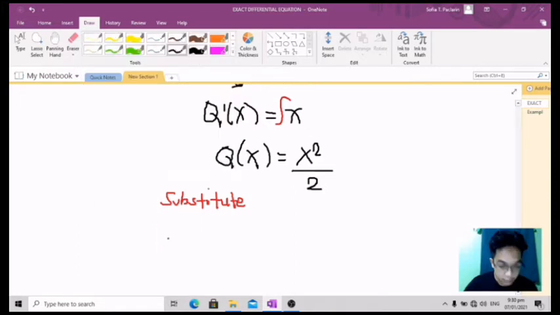So f is equal to y sine x plus q of x, which is x squared over 2, is equal to c.